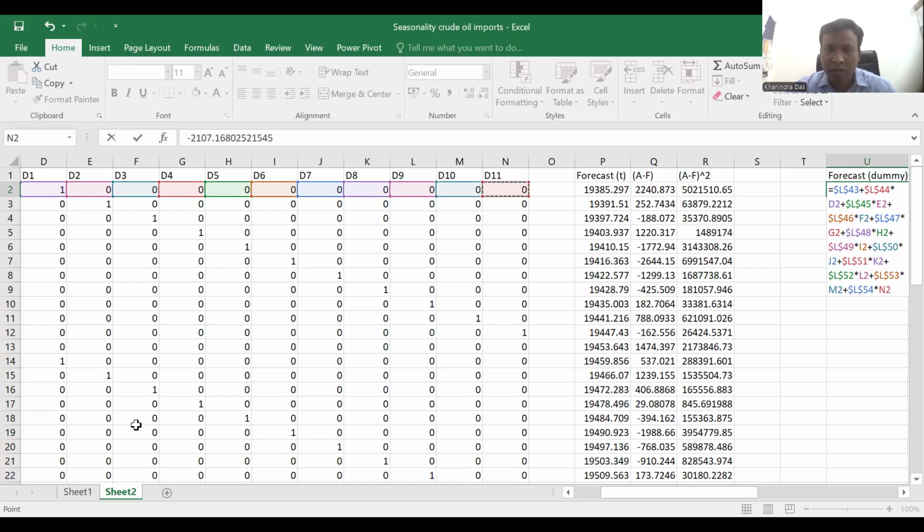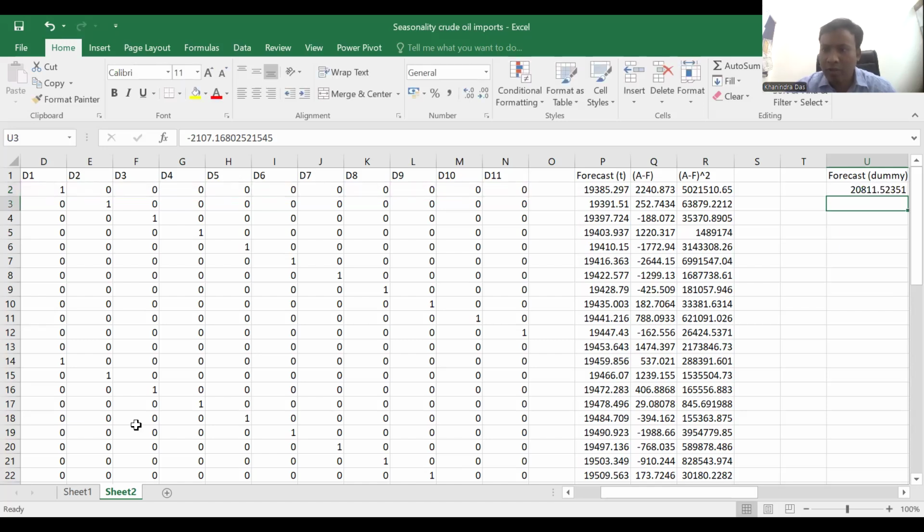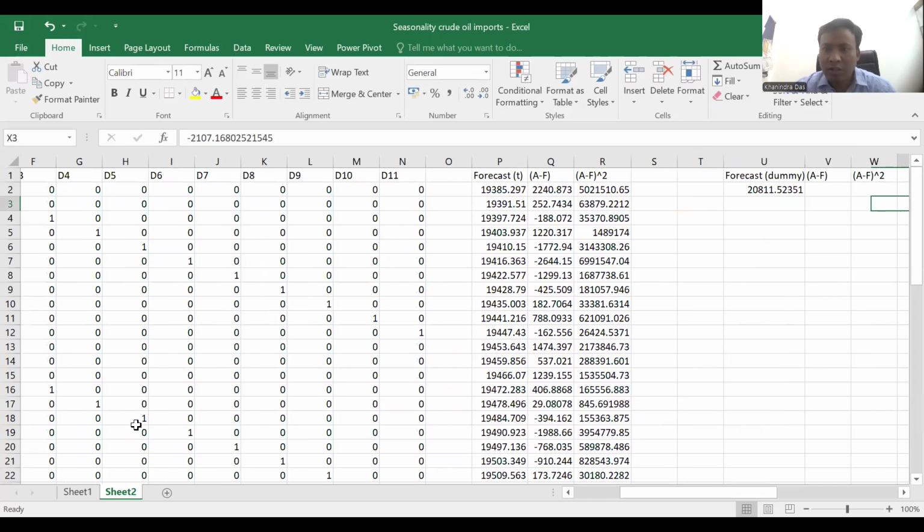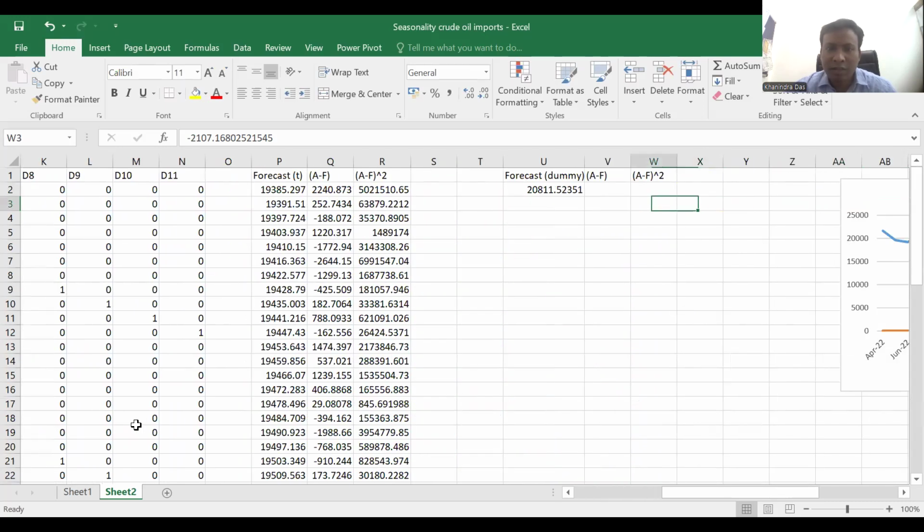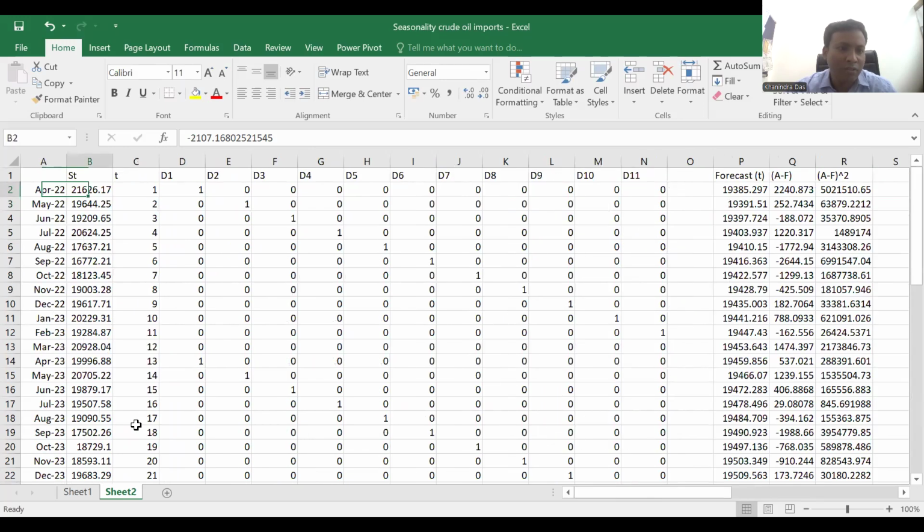Okay, you're ready to get the value. So what value do you get? So the forecast value is here, 2811, actual is 21.